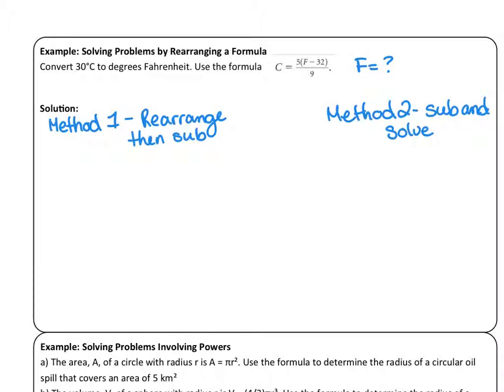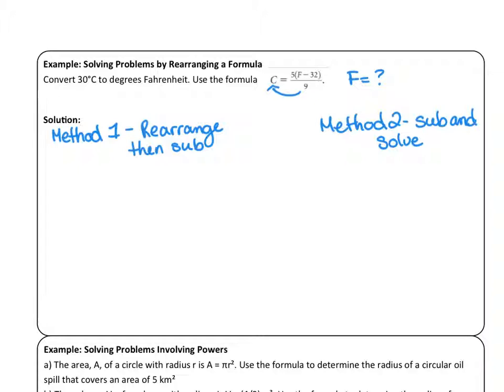So the first thing I'm going to do is move that 9 over to the other side. Because it's divide, when I move it over to the other side, it's going to be 9 times C equals 5 times F minus 32. So it's no longer on the bottom here. Then I'm going to move that 5 by dividing.